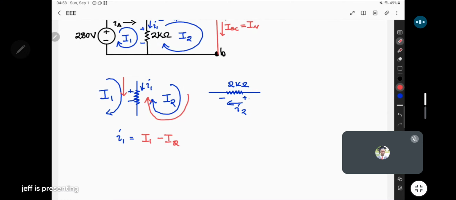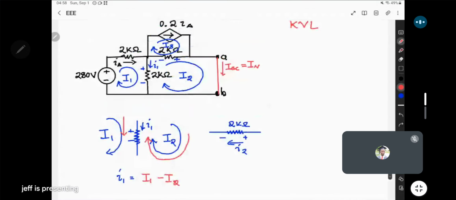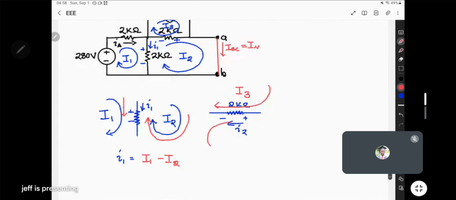When it comes to this side here, that one is affected by which mesh currents? I see that from the loop on top, we have I3 going this way. From the loop down, we have I2 going that way. So when it comes to my branch current I2, which of the two mesh currents is in the same direction as this one?